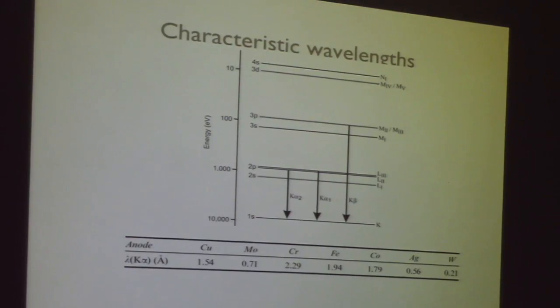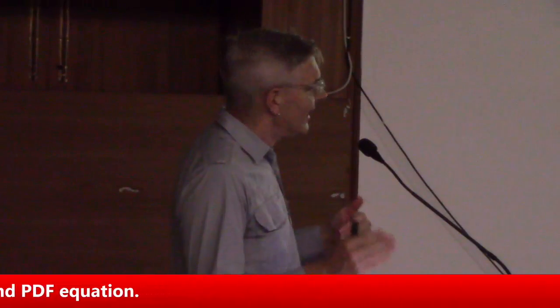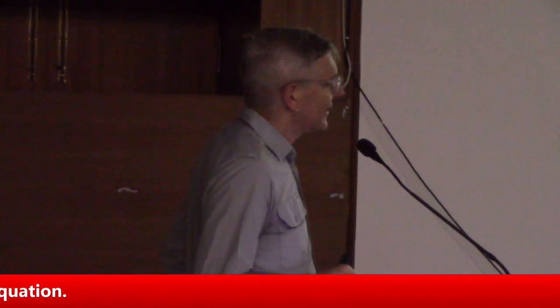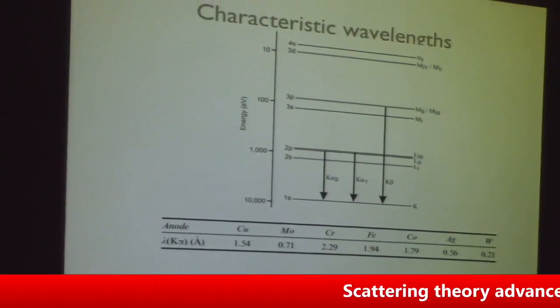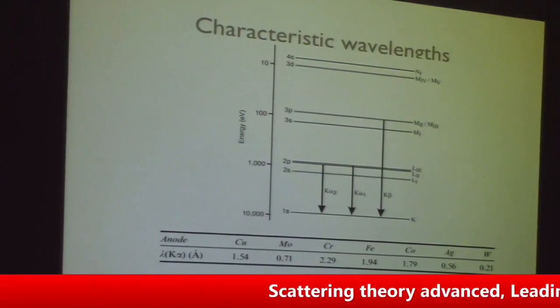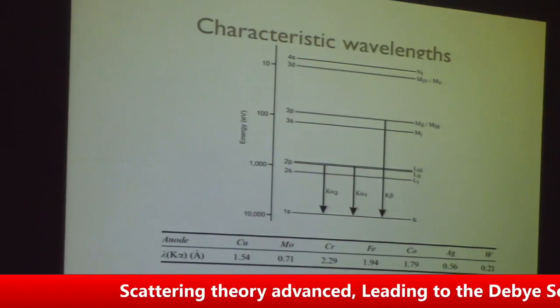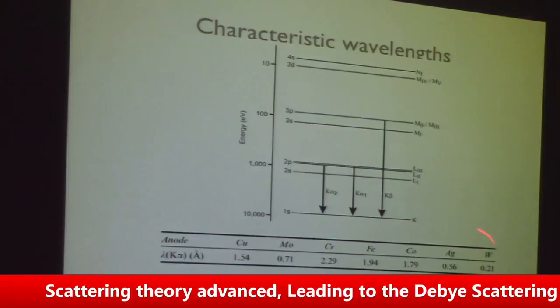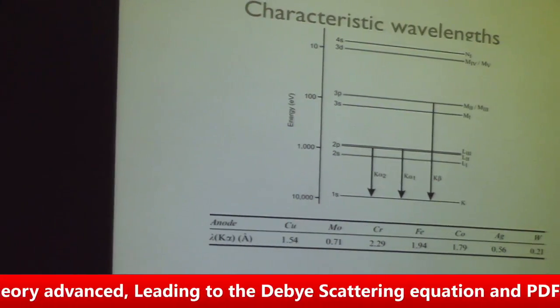So in order to get a large number of X-rays out of your source, you want your accelerating voltage to exceed the excitation voltage by as much as possible. The excitation voltage for tungsten is up around 100 kilovolts, so we would need a source that could accelerate to something like 200 kilovolts. It's becoming technologically extremely difficult. So the trade-off is, forget it. People rarely do tungsten. Even when they do tungsten, they're often looking at the Bremsstrahlung.